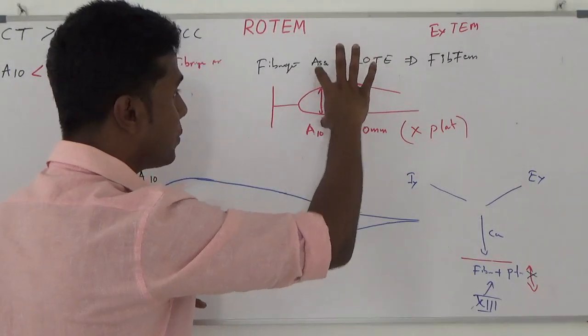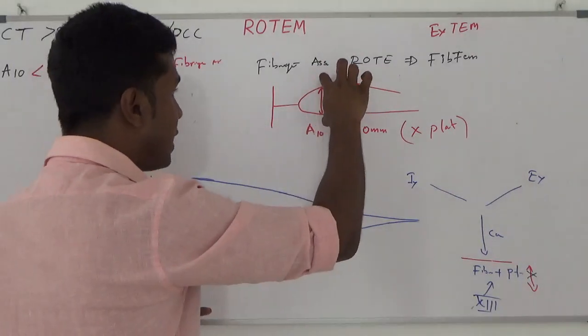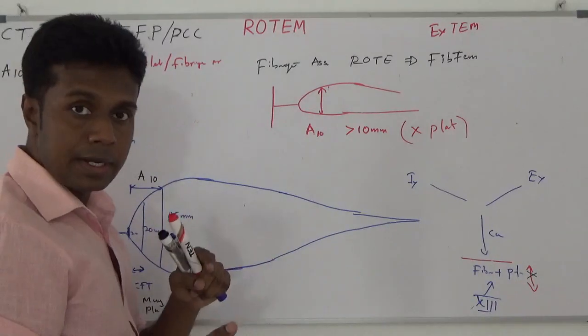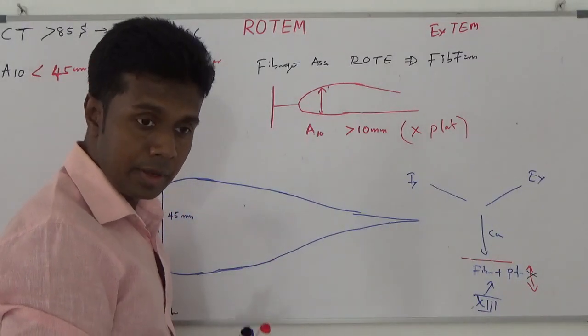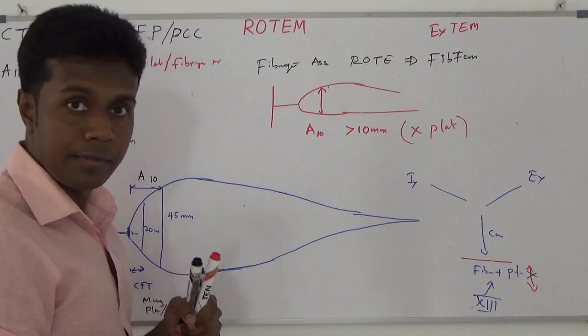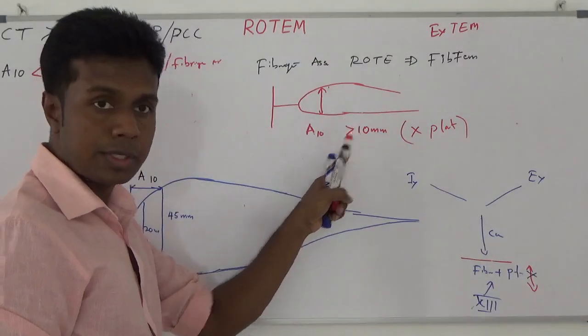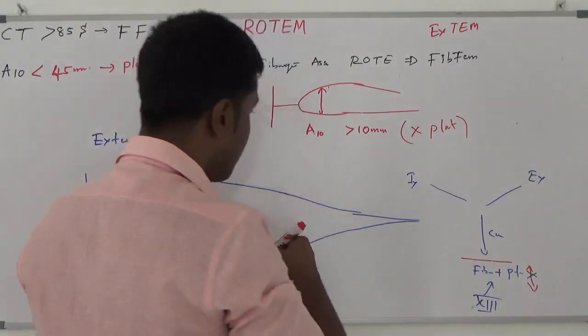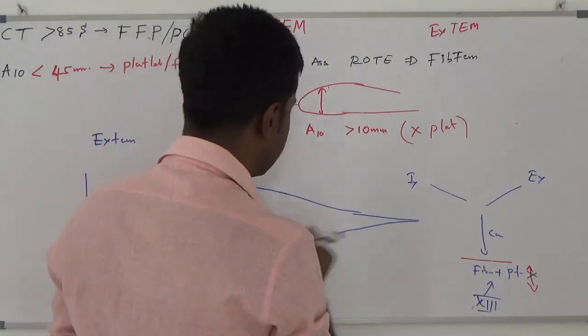With the fibrinogen only, I create enough clot, but with the fibrinogen and platelet together, I create a lesser strength clot. That means I have enough fibrinogen and I am lacking platelet. So I need to give platelet if A10 is more than 10.